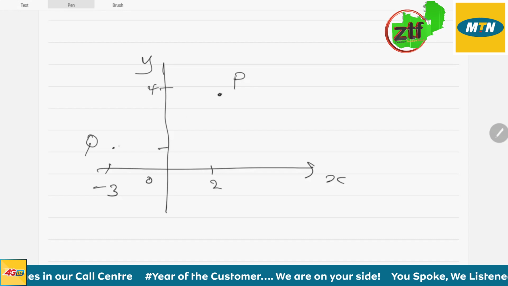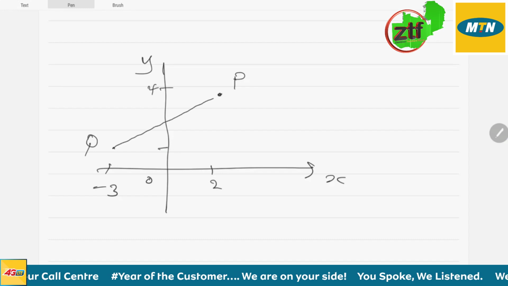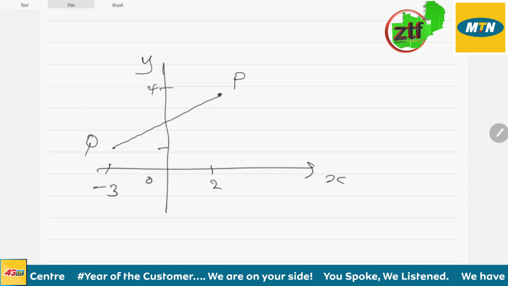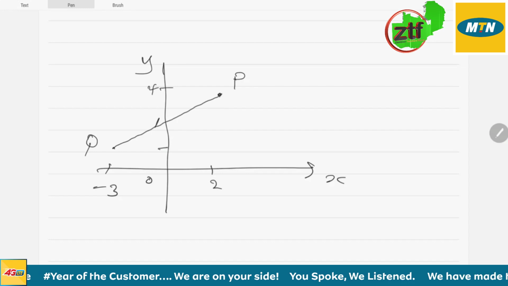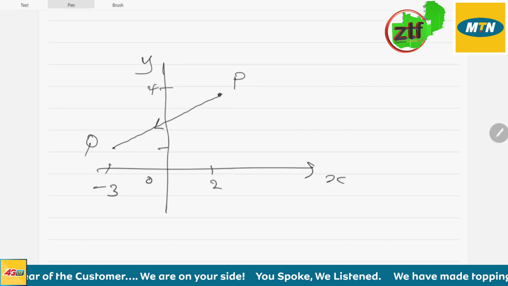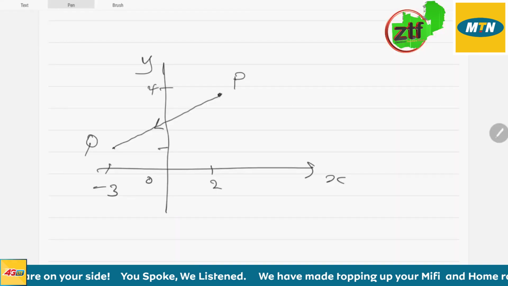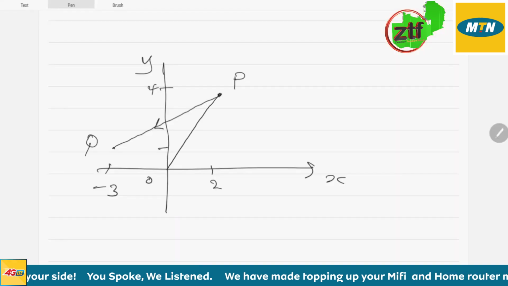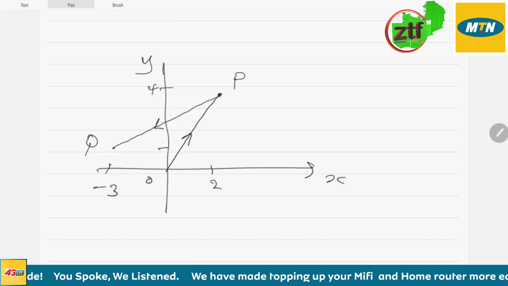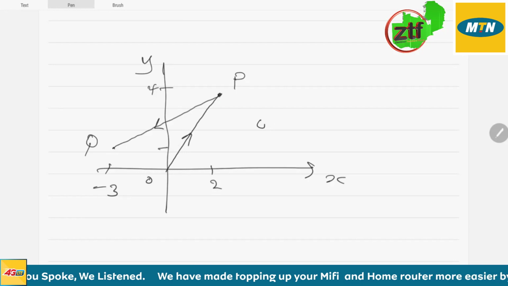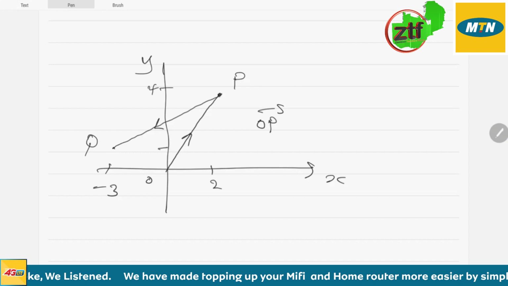So when I connect the 2 points, P and Q, I will get the vector PQ in this direction. Now, what you need to understand is that writing the point P as a position vector means that I connect this point P to the origin. Like that. So this will make vector OP a position vector.